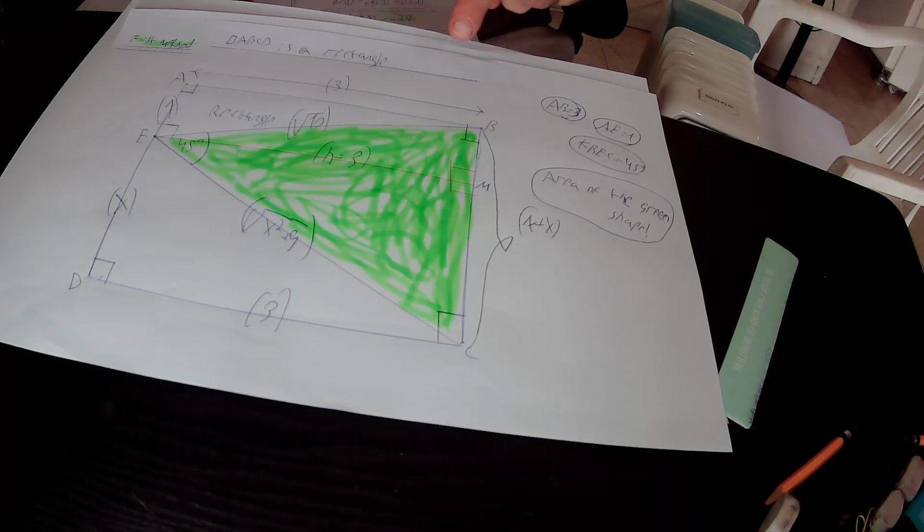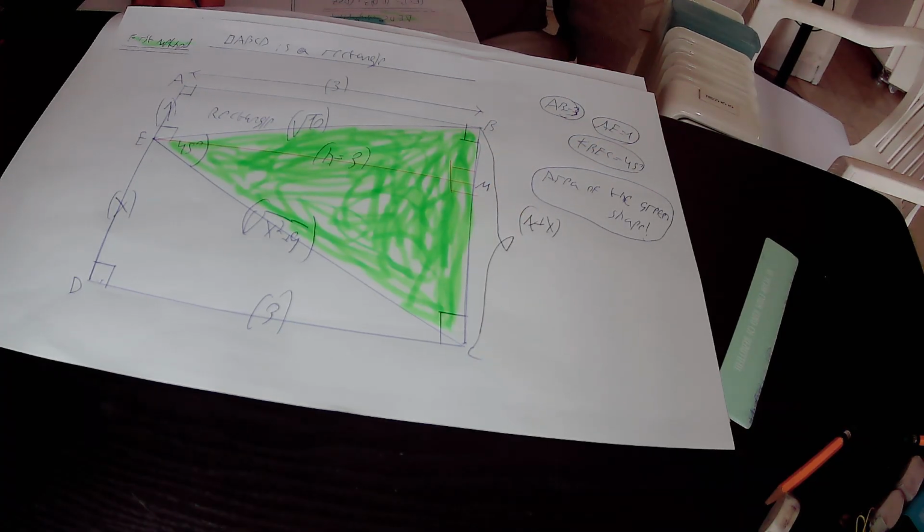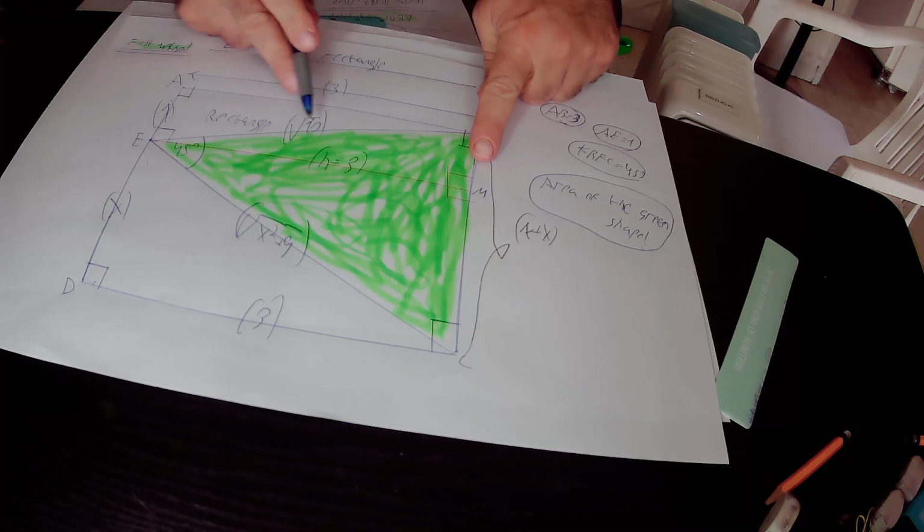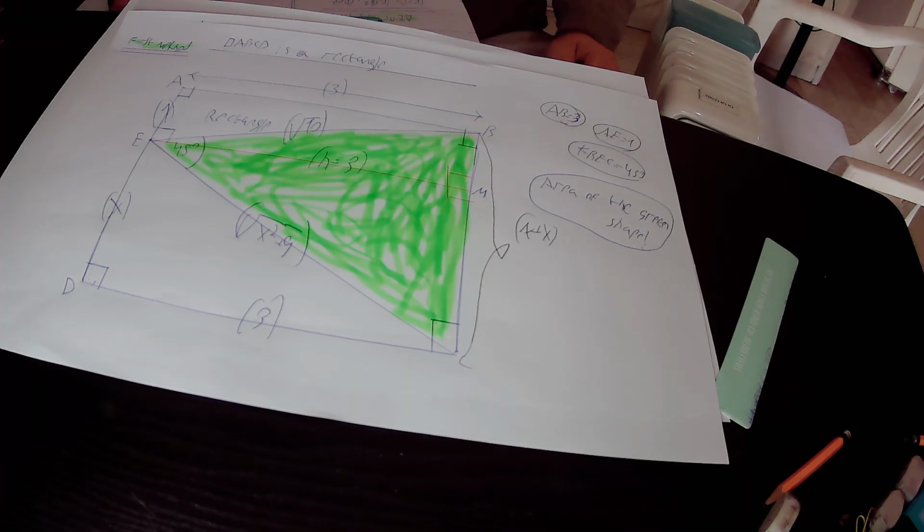The area of any triangle is the base times the height over 2.